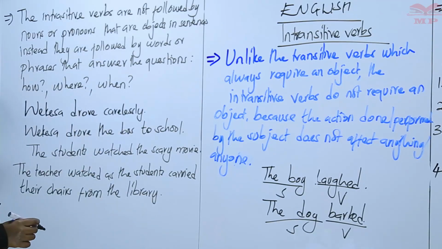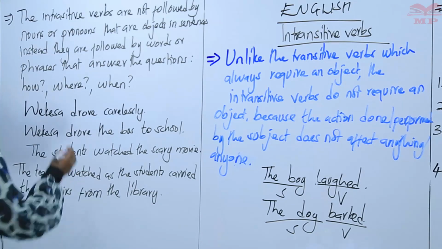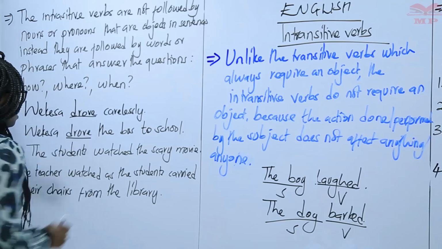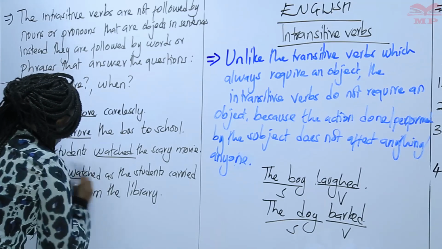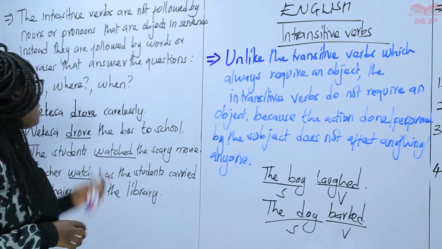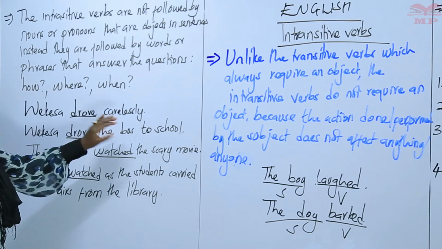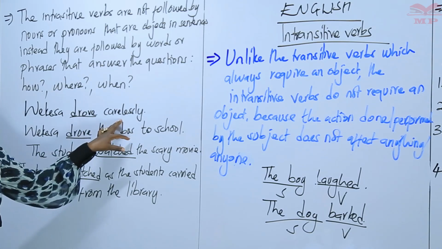Let's look at these sentences. First, let's identify the verb. So the verb here is drove and drove again. Here it's watched and watched. But those verbs have actually been used differently in every sentence. Let's start with the first sentence. Wekesa drove carelessly. Here, carelessly is actually not an object.